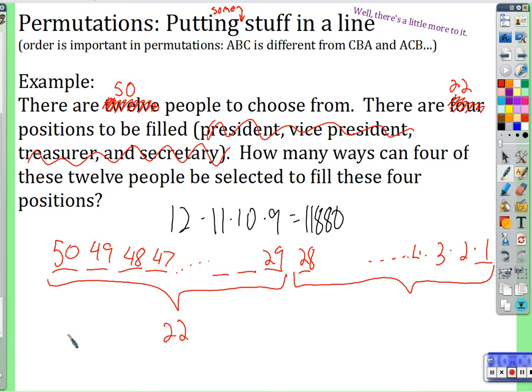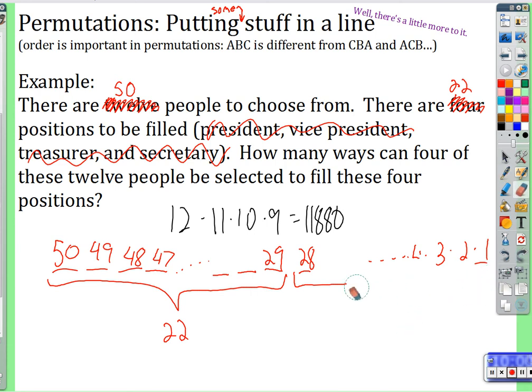Okay. When we do 50 minus 22, we get 28 things, which means that if we're to multiply them together, we stop at 29. So you do 50 minus 22 plus 1. All right, so far that's pretty trivial, that's not really the important thing here.